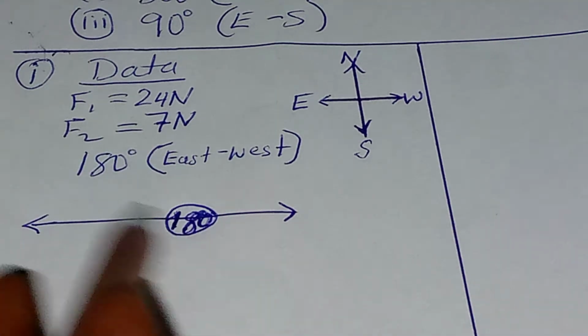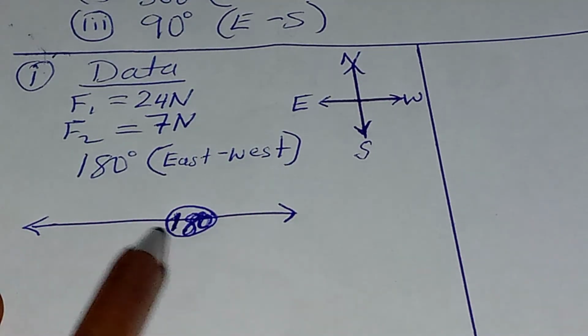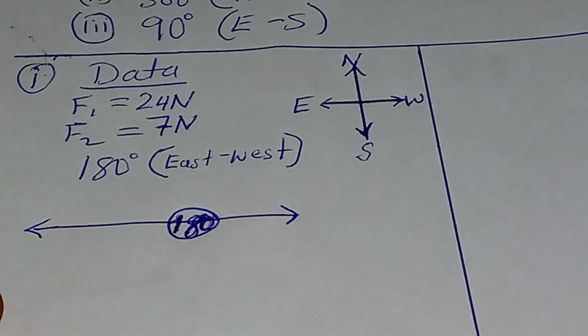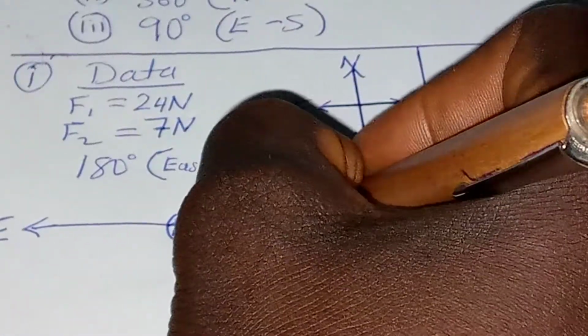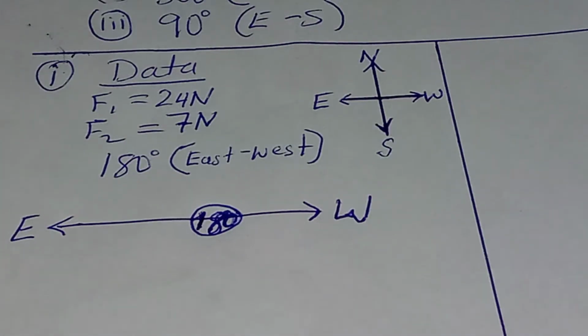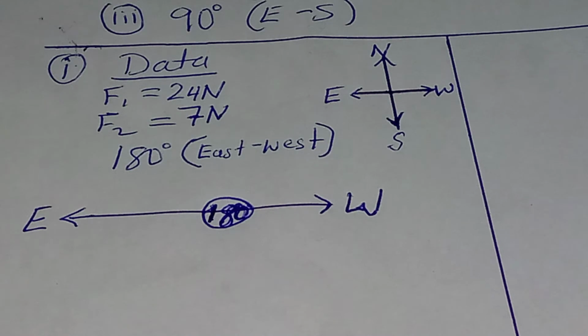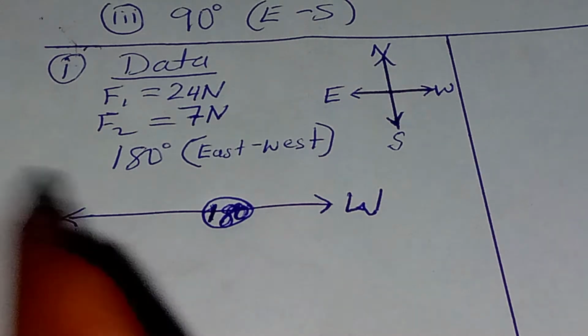So we check on our line, but first, before anything, let us determine the direction. From east to west, there is a difference between those two distances.